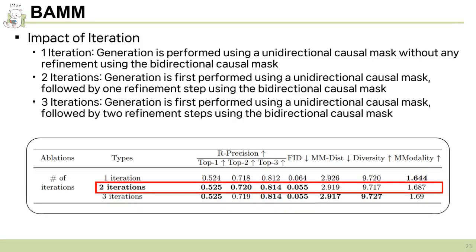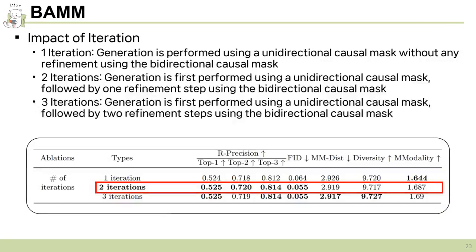Higher diversity scores suggest the model is capable of producing unique and non-repetitive motions. MM modality evaluates the model's ability to generate multiple diverse motions for the same input text, reflecting how well it captures the natural variability in motion.